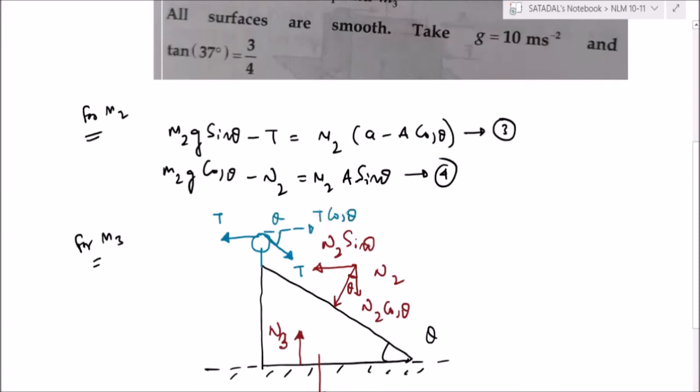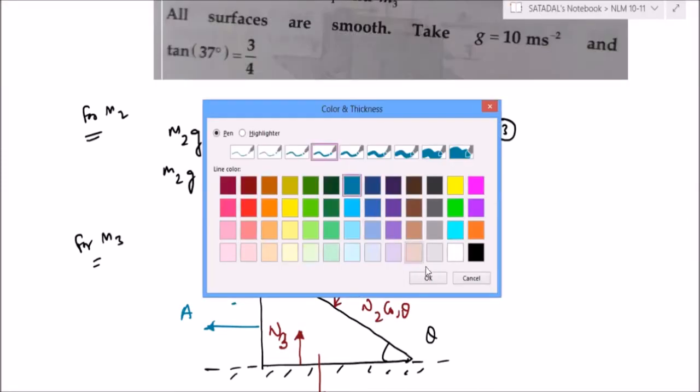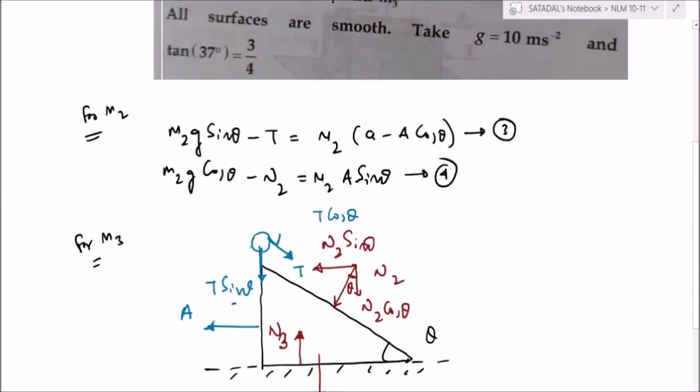This is going to be T cos theta. Downwards, it is going to be T sin theta. Acceleration in this direction is capital A. Identify. Is there any other force? Did I miss out anything? Check, everyone. Sure? Clear?